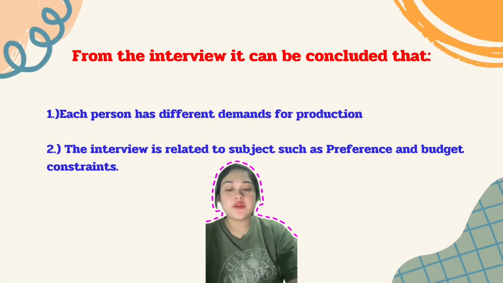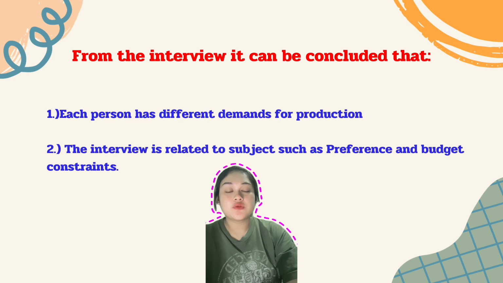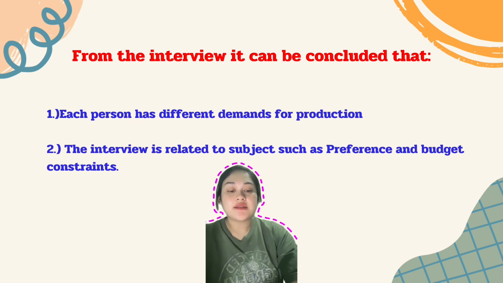From the interview, it can be concluded that, one, each person has a different demand for products. Two, the interview is related to subjects such as preference and budget constraint.